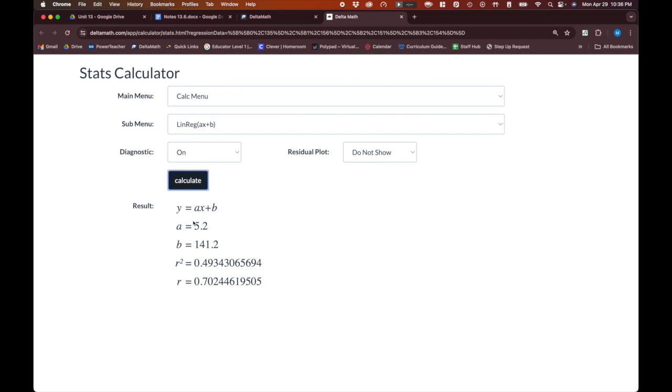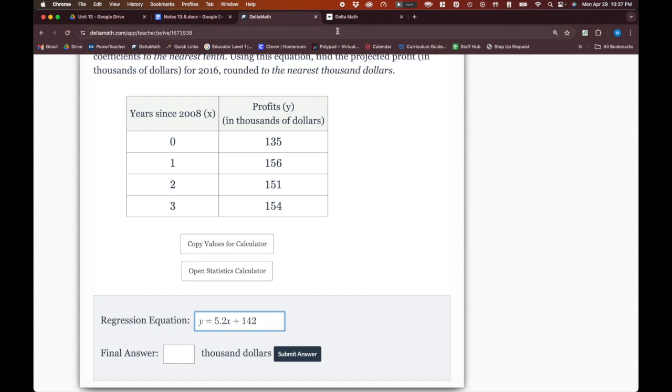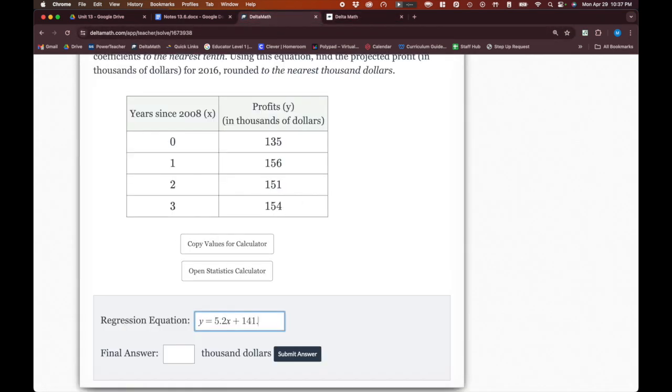So all I have to do is take those values, 5.2x plus 141.2, and let's see if we can remember this. I got y equals, what was it, 5.2x plus 142? I don't remember. 141.2, so close.